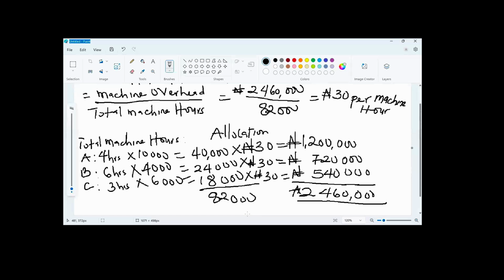Look at this. This is allocation for machine-related costs, is that not? Yes, sir.